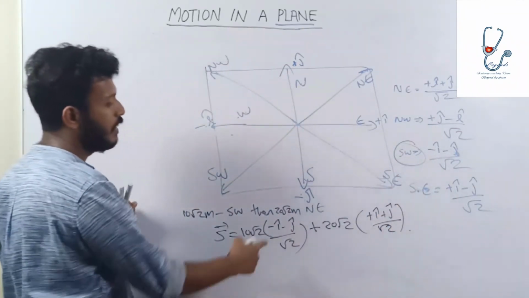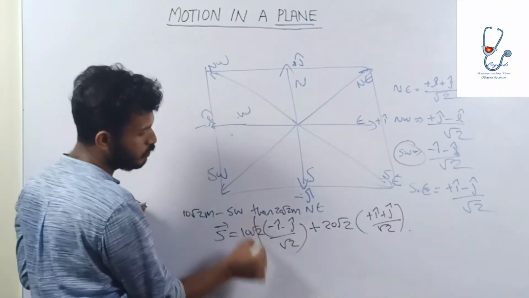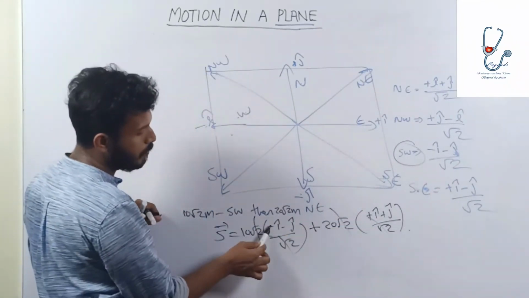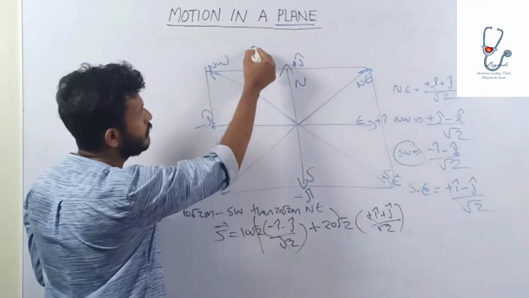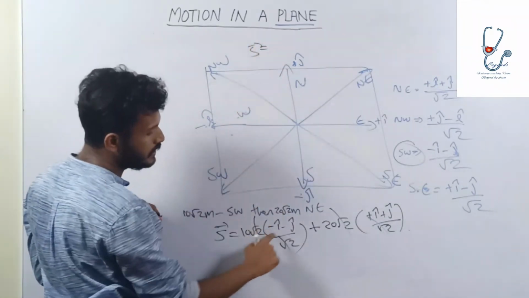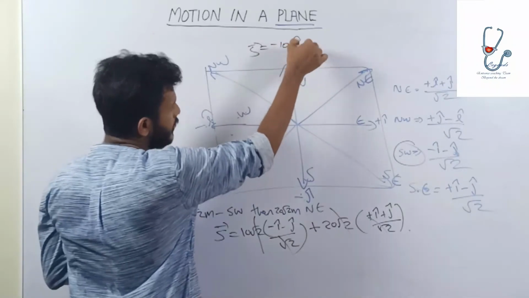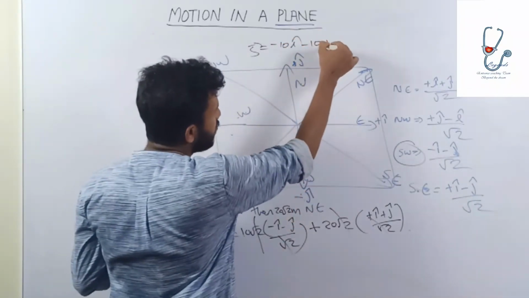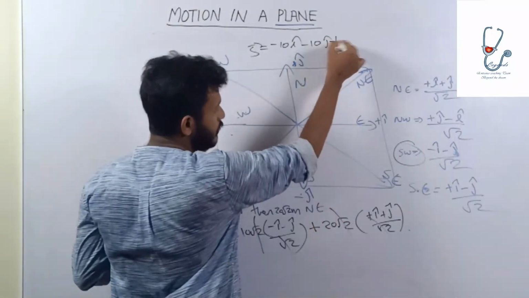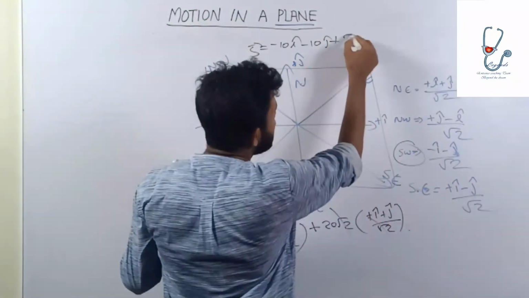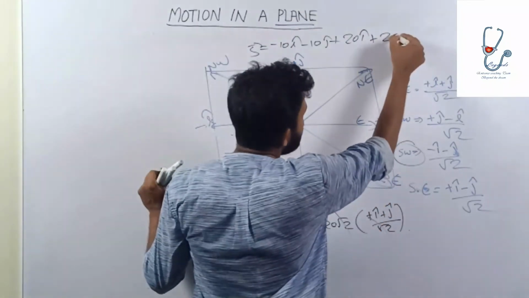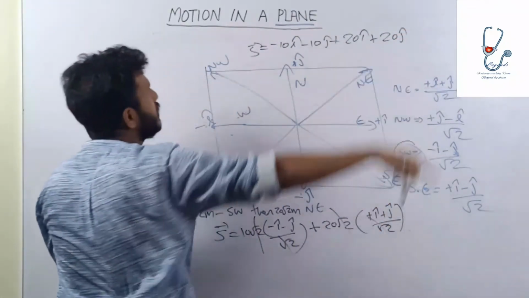How can you calculate this? The root 2 gets cancelled. Here we get minus 10 I cap and minus 10 j cap plus 20 I cap plus 20 j cap. This is the displacement vector.